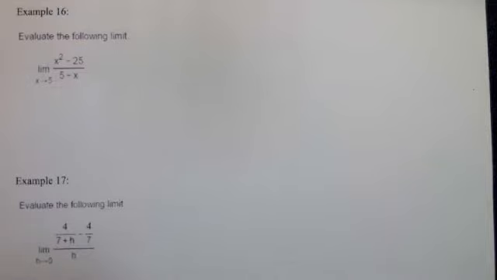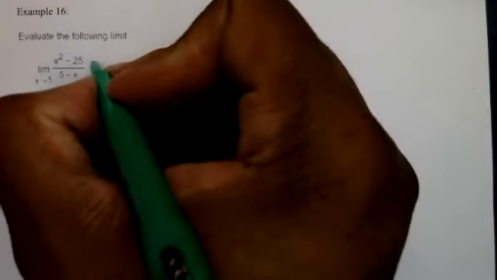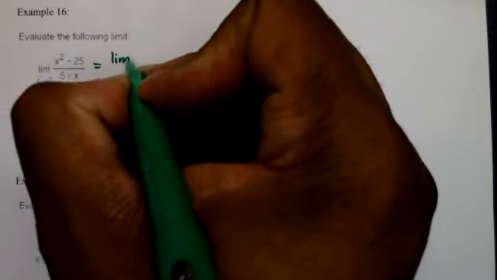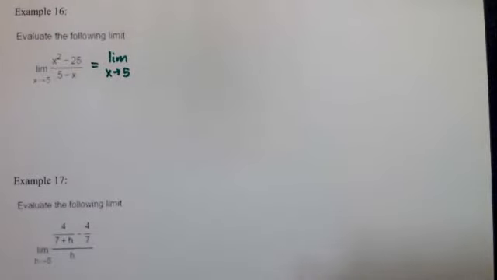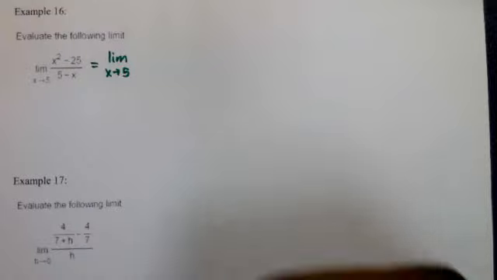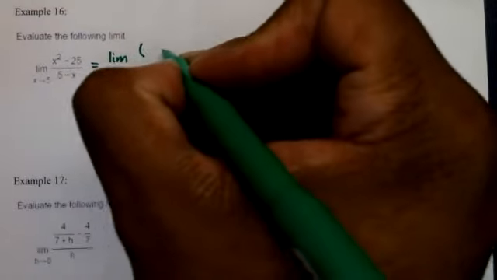All right, so let's see what we got. That x squared minus 25, I can factor that into a sum and the difference of the same two terms, since I have the difference of two perfect squares.